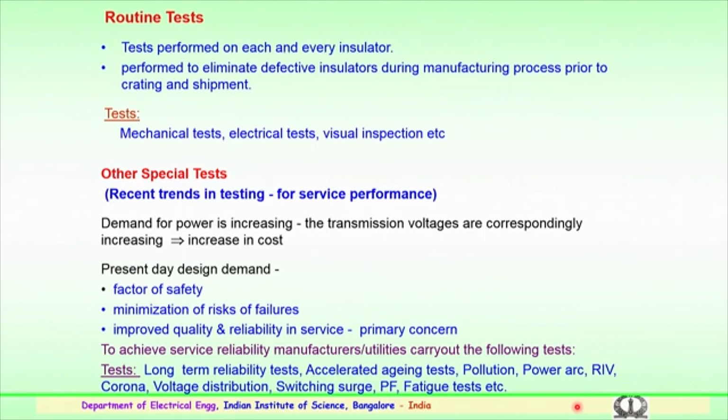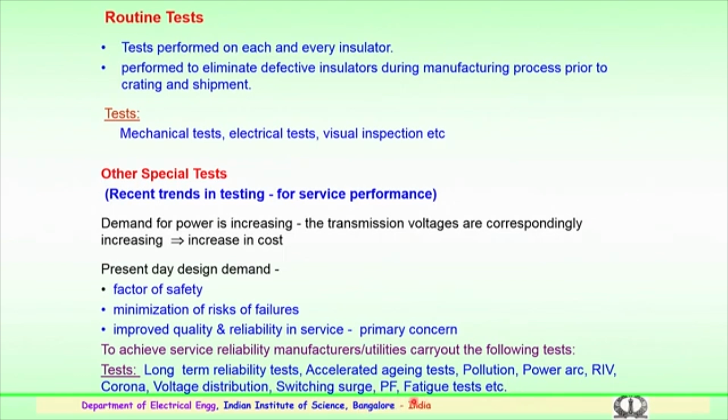The contamination or pollution test was introduced later, after the extra high voltage or ultra high voltage ranges. Then the power arc test, radio interference voltage measurements, the corona test, voltage distribution across the string of ceramic or glass insulators, switching surge, and power frequency fatigue test.